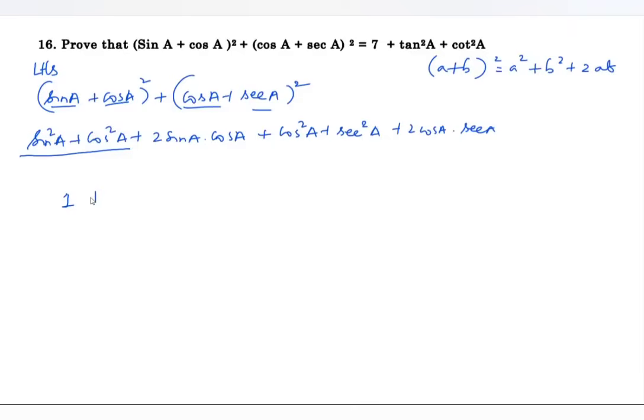1 plus, students, it is not cos, it is cosecant.